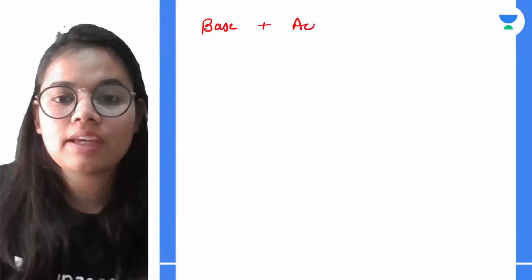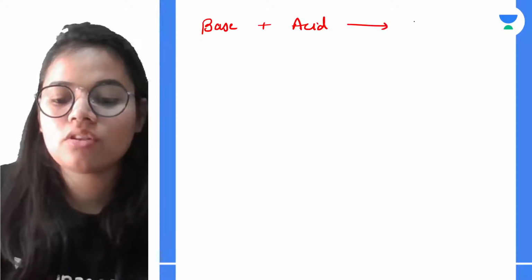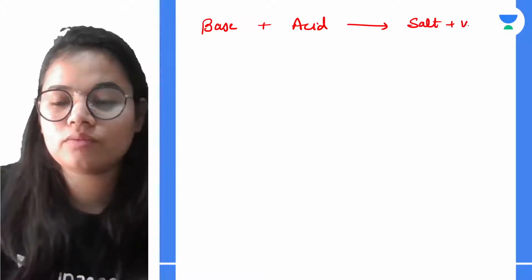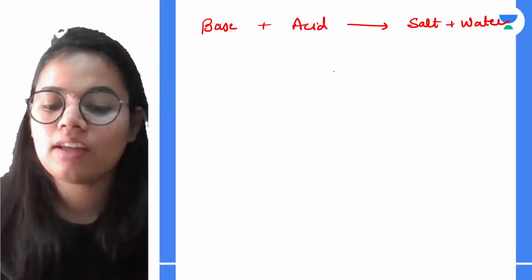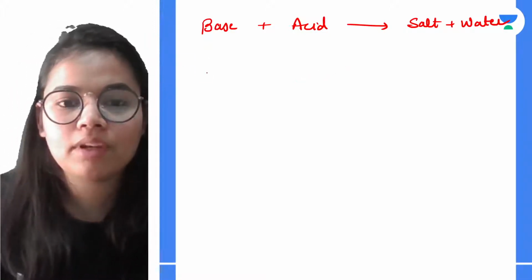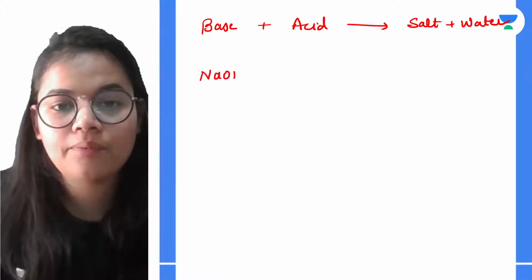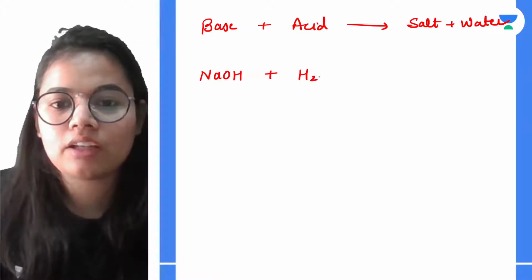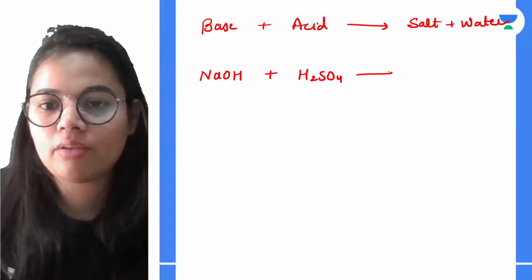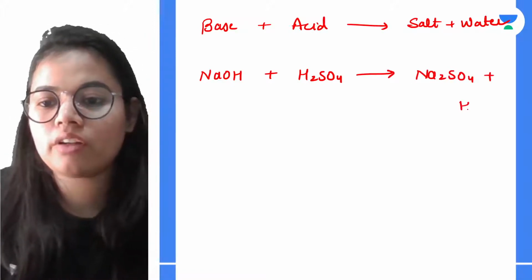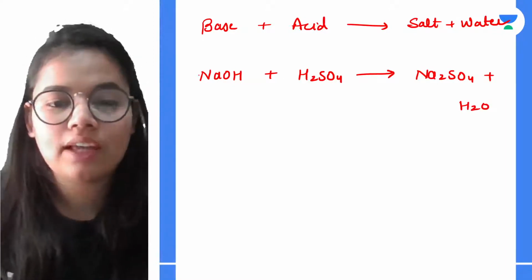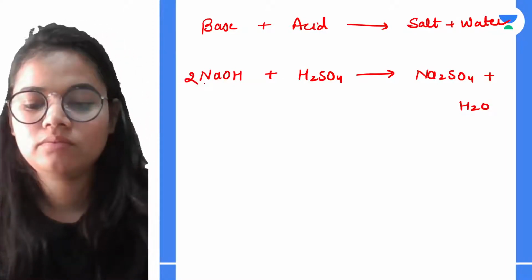When any base reacts with acid, it gives salt and water. This reaction is known as the neutralization reaction. For example, if I have taken sodium hydroxide and it is reacting with sulfuric acid, I will be getting salt and water. So this is the neutralization reaction.